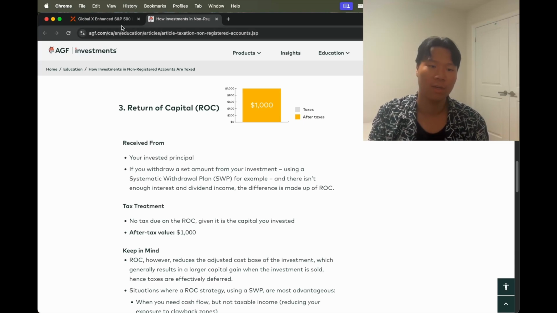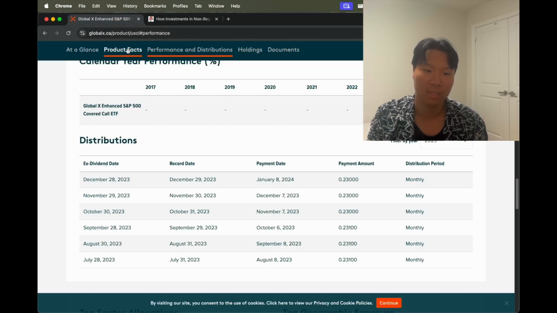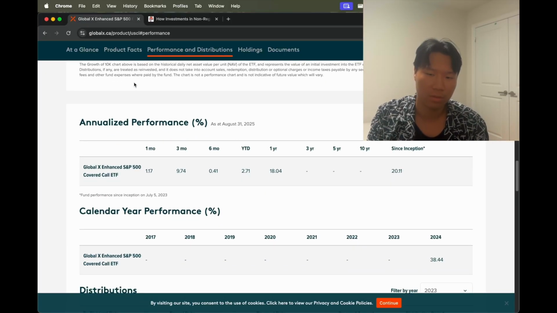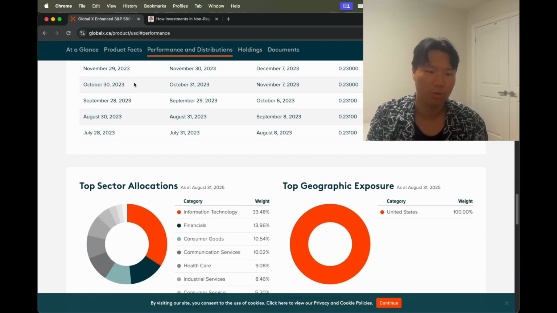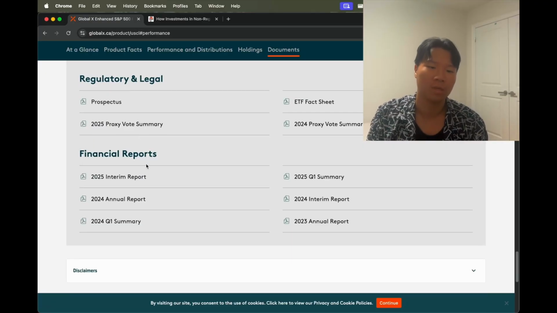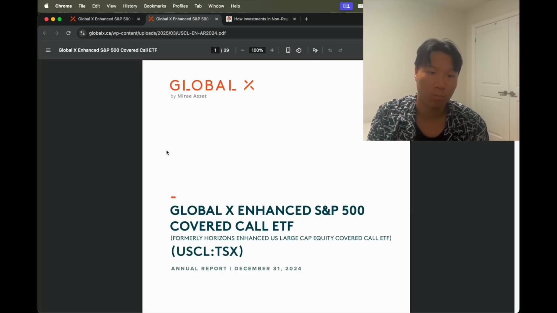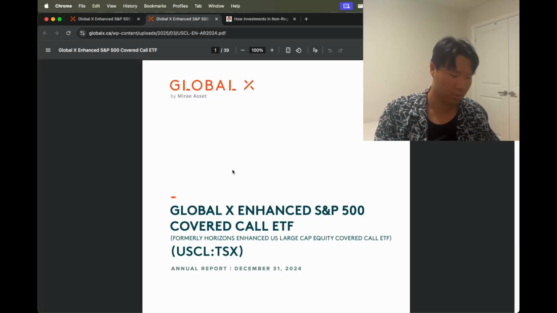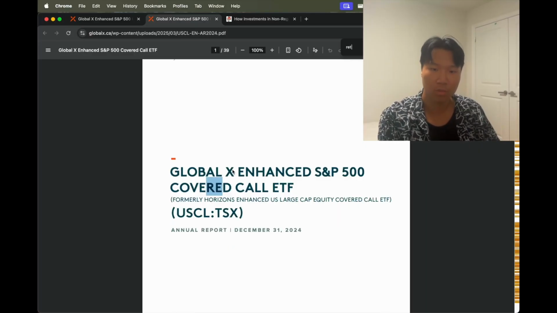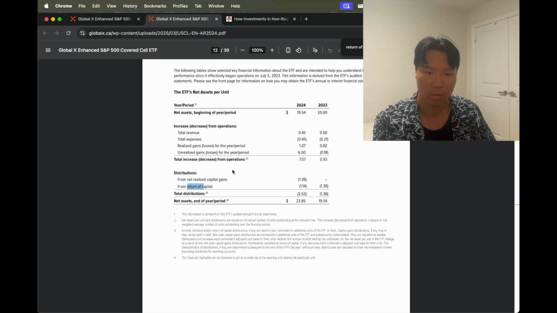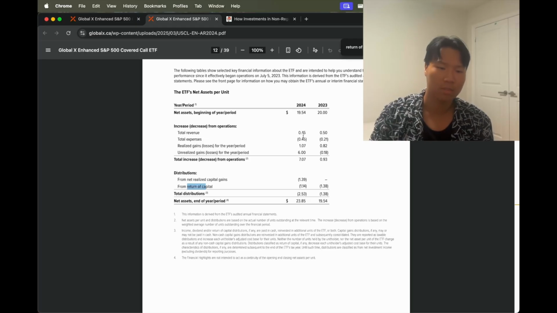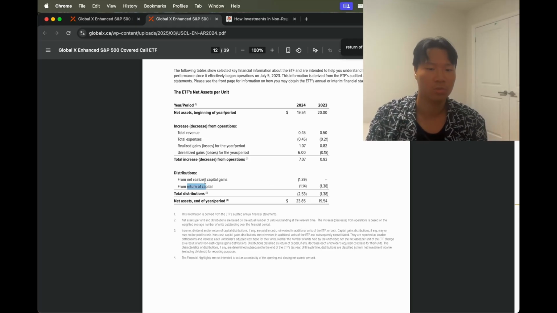So if we look at, for example, USCL, which is a pretty common ETF, if we scroll down to the financial reports, let's say the 2024 annual report, and then we search for return of capital, or basically the chart would be something to do with its distributions.